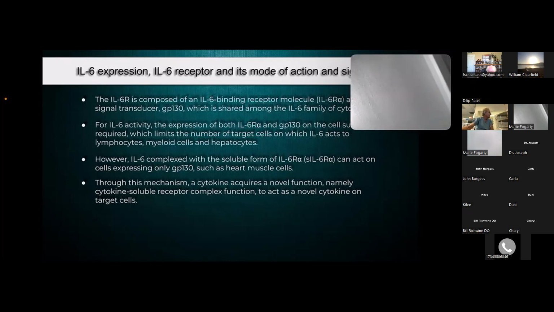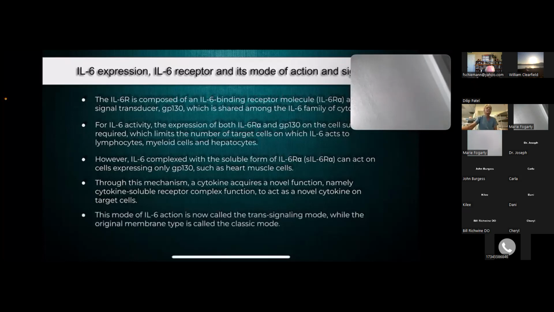Through this mechanism, a cytokine acquires a novel function, namely cytokine-soluble receptor complex function, to act as a novel cytokine on target cells. Okay, so just like what we said, it just requires a target cell with the right combination of receptor.